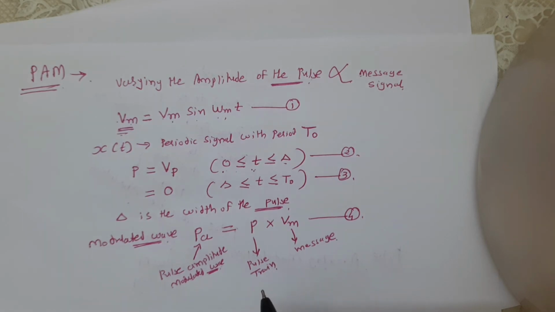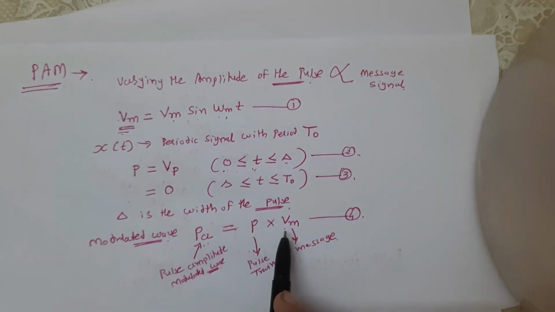Hence, the pulse amplitude modulated wave in time domain is obtained by multiplying the message with the pulse train, and it is given as PA is equal to p(t) into Vm(t).